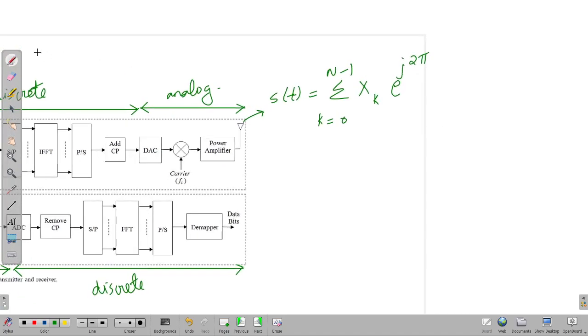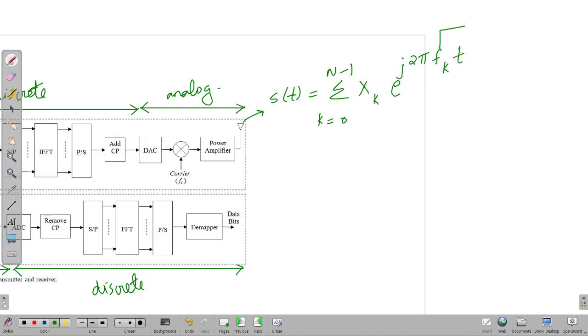For the frequency I can simply write fk, which is a frequency. As k varies, the center frequencies of the different subcarriers come into picture here. It adds into the summation into t.